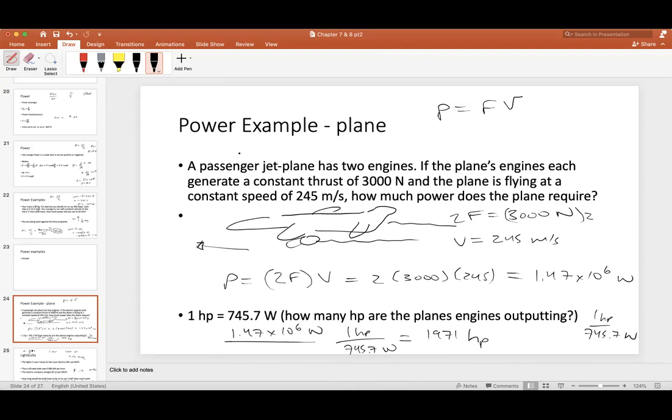So a V, let's say your car has 40 horsepower and V is 14.3 meters per second, which is about 30 miles an hour. How much force is required for this? Well, P is equal to FV, so F is equal to P divided by V, and that would be 40 divided by 14.3 meters per second, right?